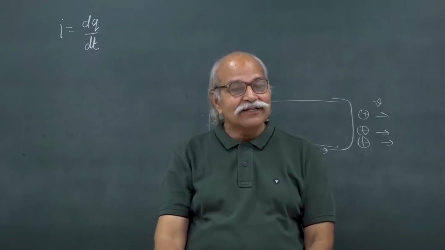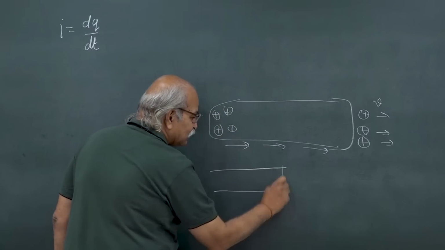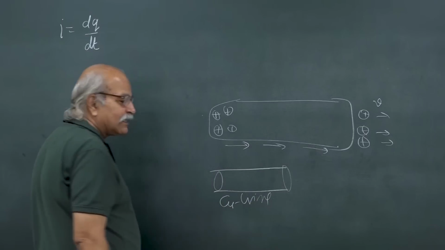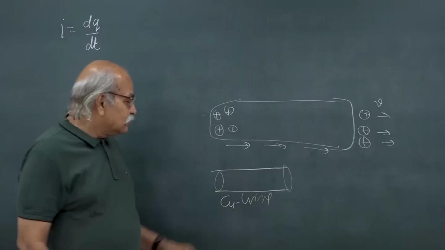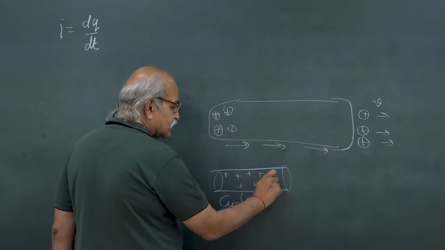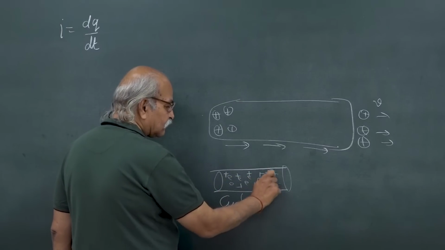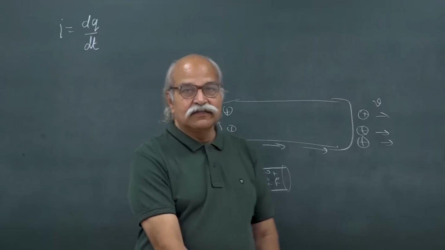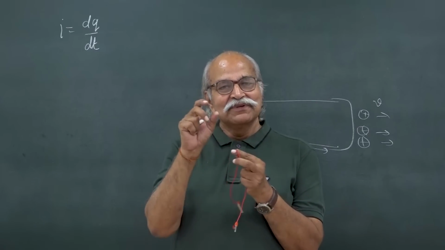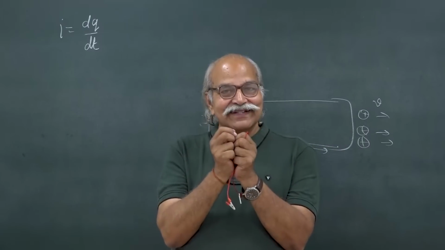Let us say this is a piece of metallic copper wire. It has a lot of positive charges, and also the electrons. This copper wire inside has many copper ions and electrons, copper nuclei, let us say.